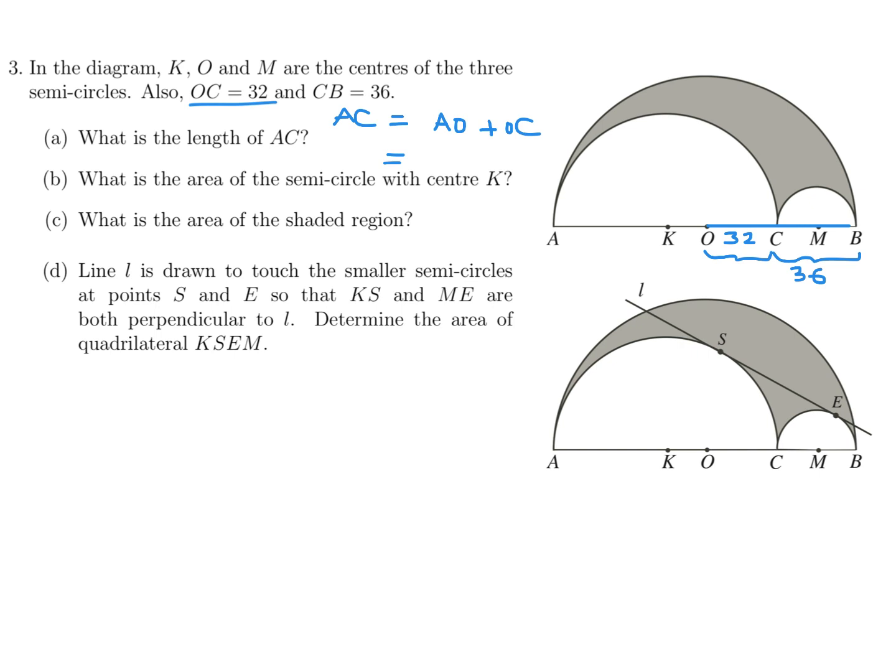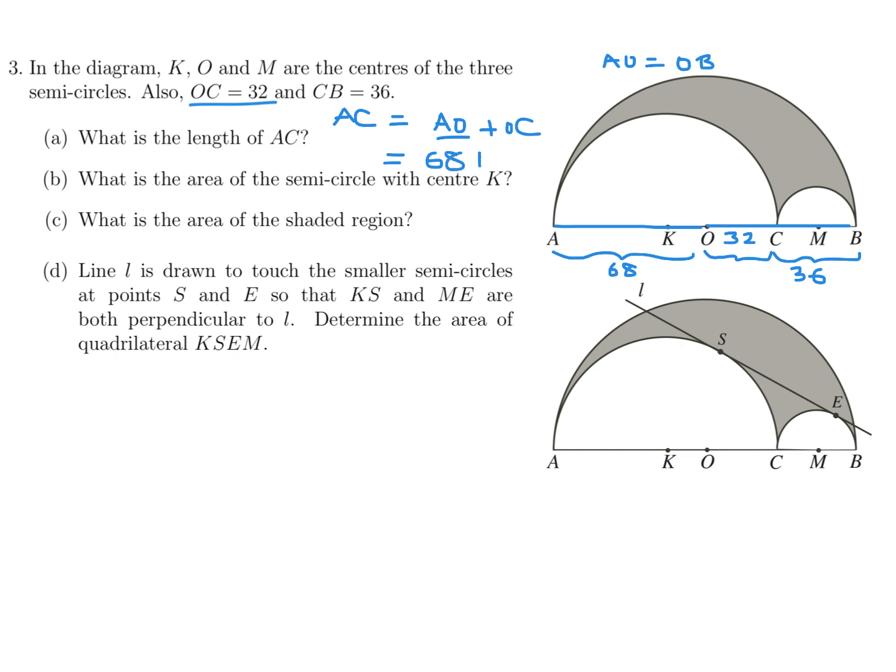So since O is the center, that means O to A is the same. It would be also 68. Yeah, because AO is equal to OB, because they both represent the radii of that large semicircle. So AO, this guy, is 68.